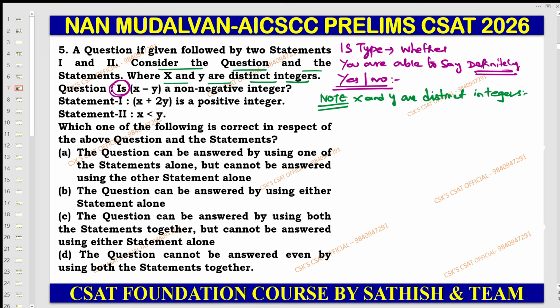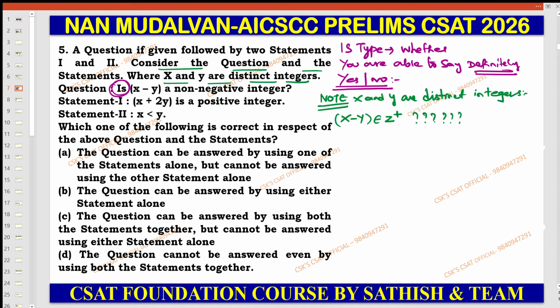Is x minus y a non-negative integer? Can we say it as Z plus? x minus y non-negative means a positive integer, whether it's a positive integer or not. So this was the question.